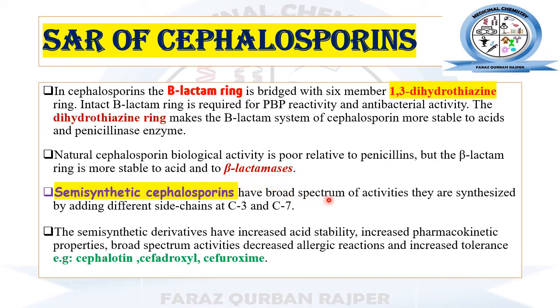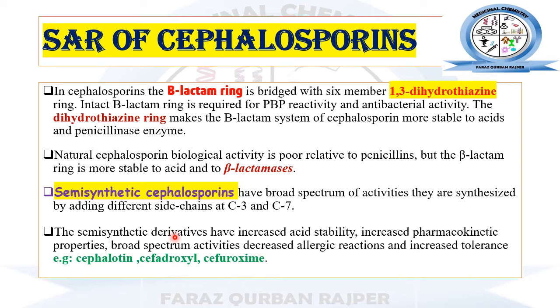They have a broader spectrum of activity, and that's why they are synthesized by the substitution of different functional groups at two different sites in their chemical structure, that is the R1 and R2 sites, referring to position number 3 and position number 7.